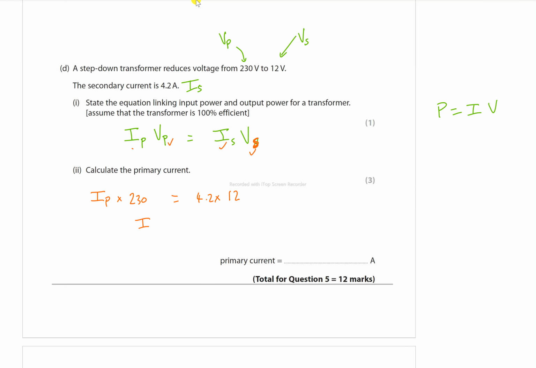We rearrange it. Remember, we've gone into physics mode. And then we just write down the answer. According to the mark scheme, it's 0.22. Okay, that's cool.